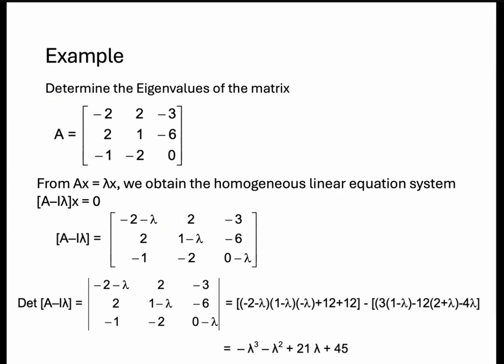And the result of the determinant of this matrix is an equation that is categorized as a polynomial equation. From this polynomial equation, we can find the value of the eigenvalue.